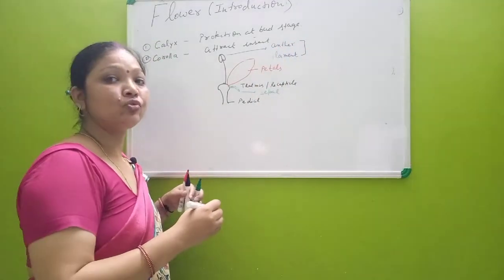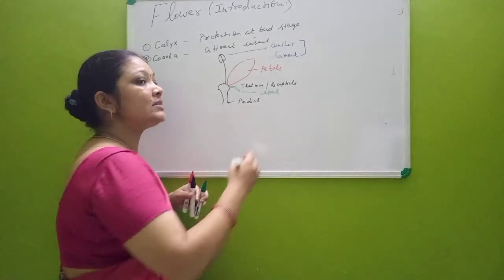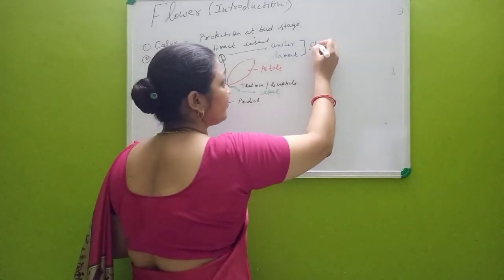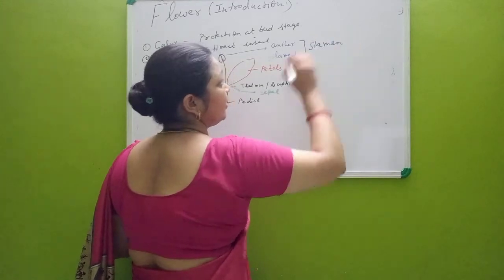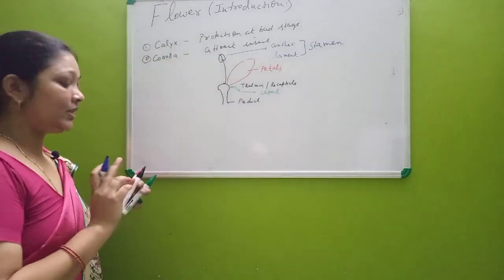Anther and filament together are called a stamen.